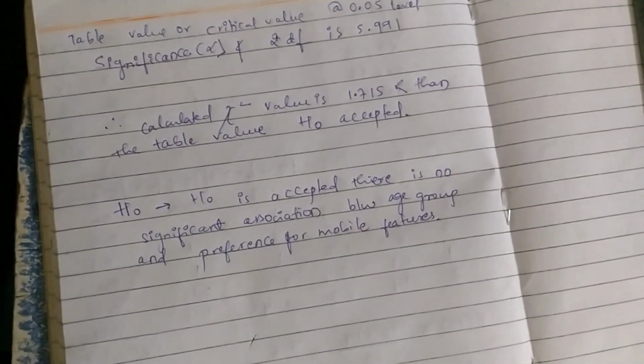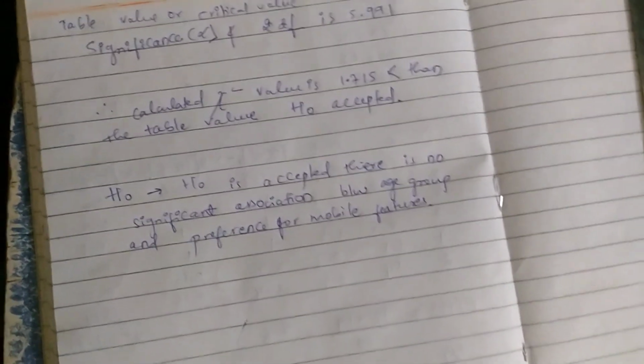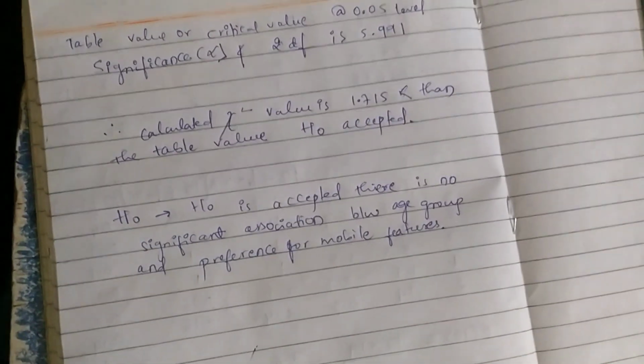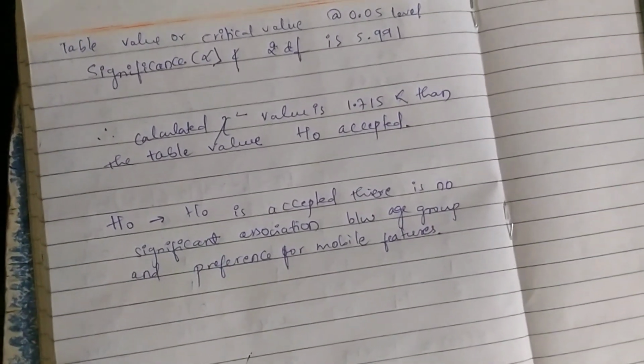Here we discussed chi-square as well as its correction. We need to know when we have to do chi-square and when we have to do its correction. Thank you.